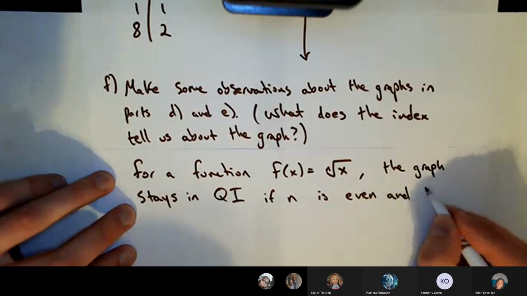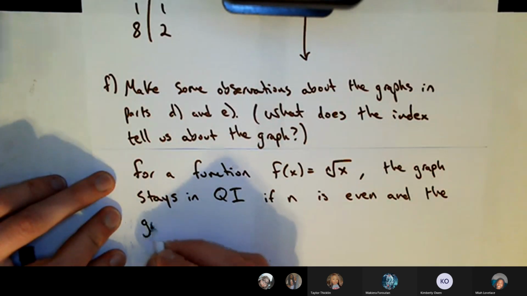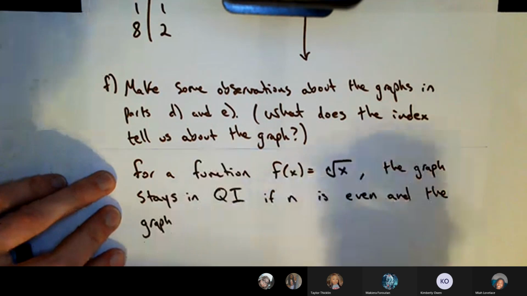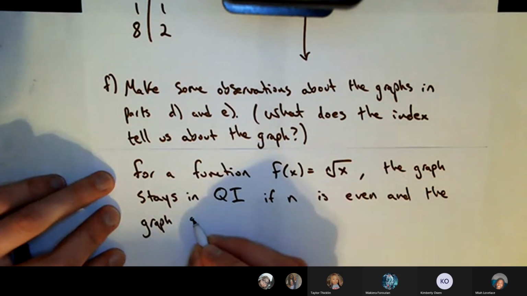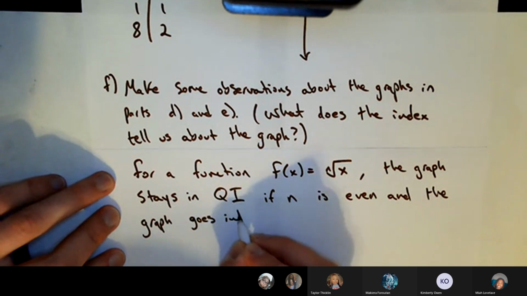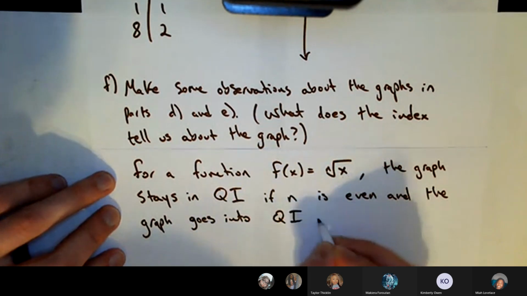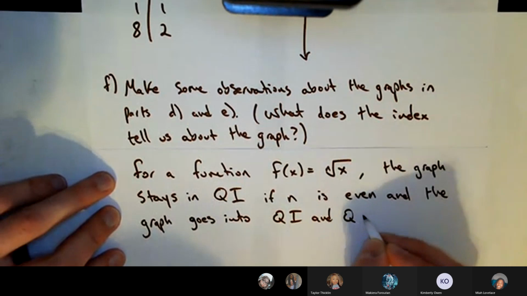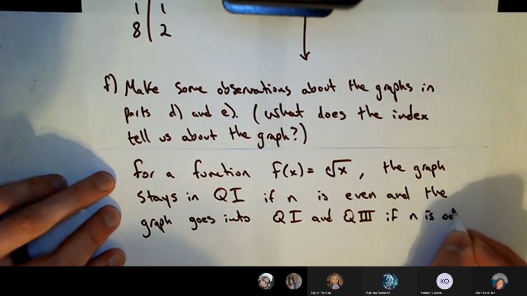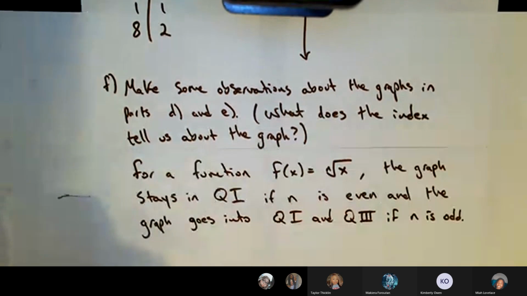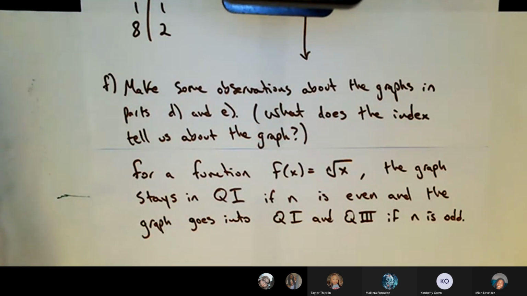With the square root, the fourth root, and the sixth root, they all stayed in quadrant 1. And the graph goes into quadrants 1 and 3 if n is odd. So again, they have the same general shape.